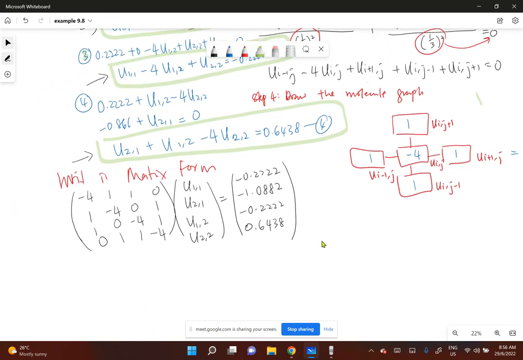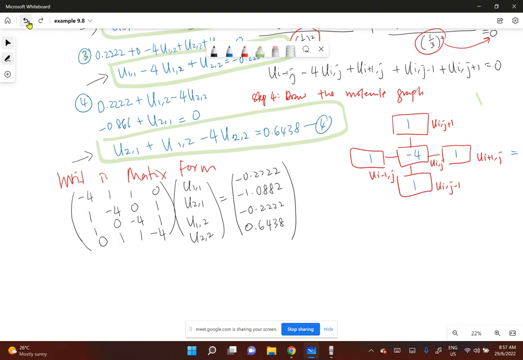So what method do we want to use for this matrix? If you say Gauss elimination, I would not suggest it, because you have to eliminate quite a lot.